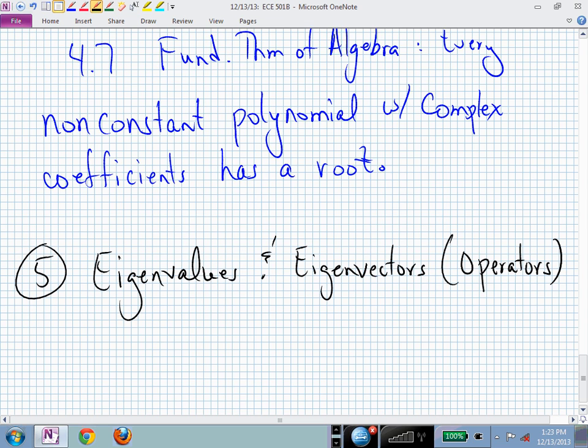If we were viewing it as the matrix representation, we now have the opportunity to talk about eigenvalues and eigenvectors.